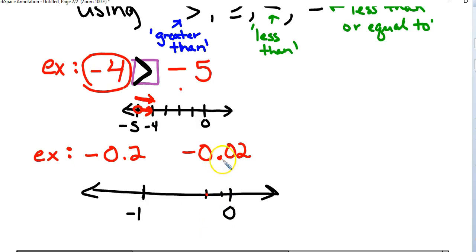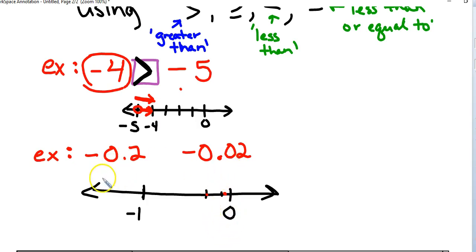Where would -2/100 be? Now I have to imagine drawing 100 little spaces. And how would that look? Well, they would be much smaller spaces. So I would probably go 1, 2, maybe right here is the 200ths.